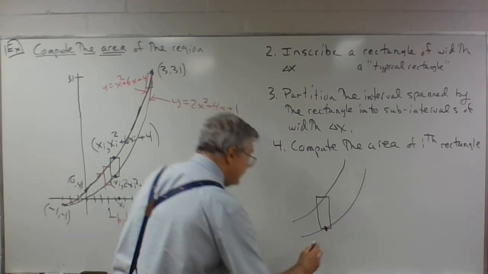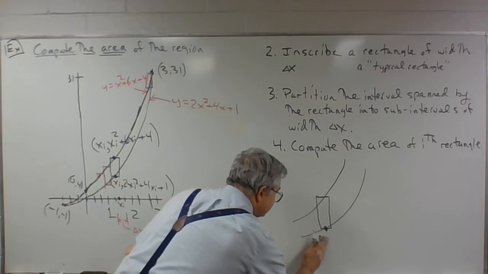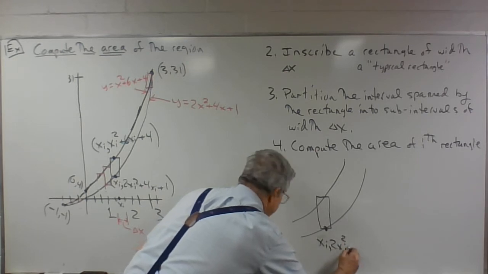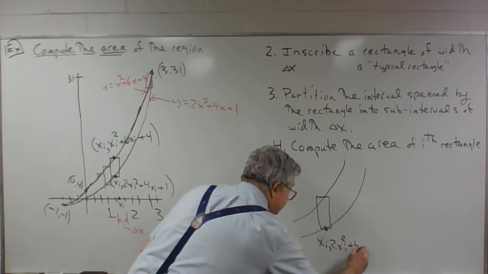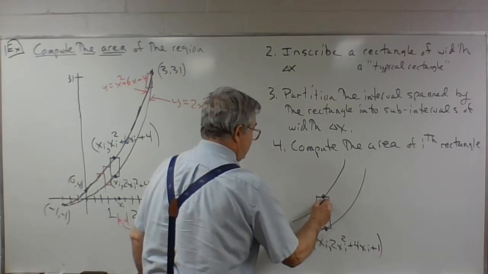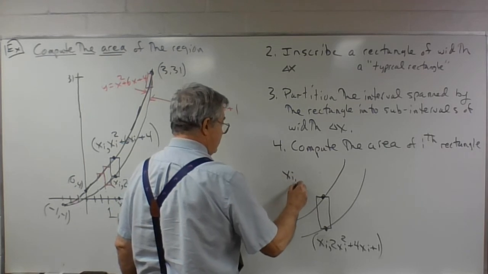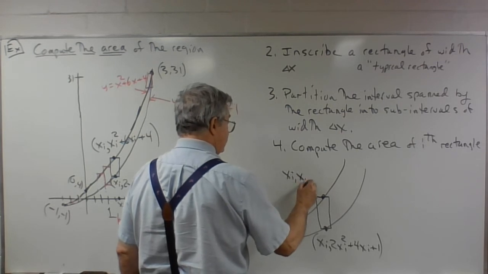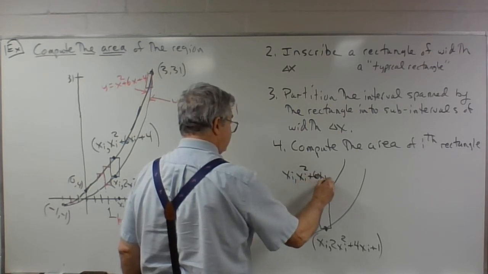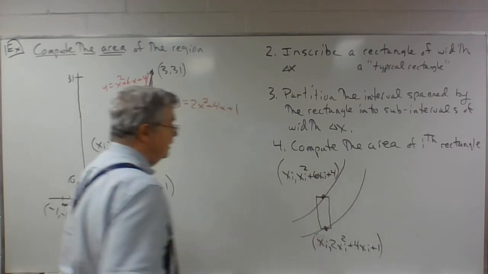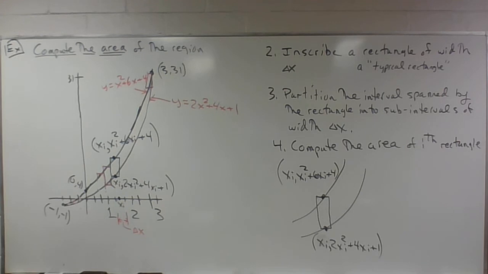Here's the bottom, x sub i, 2x sub i squared plus 4x sub i plus 1. On top, we have x sub i, and what else? x sub i squared plus 6x sub i plus 4. And let me see if I wrote that correctly. I did.